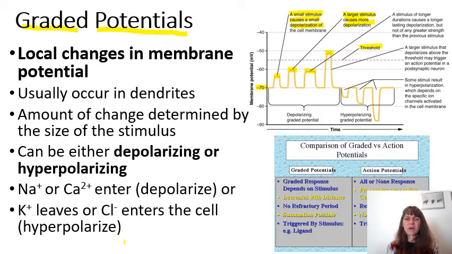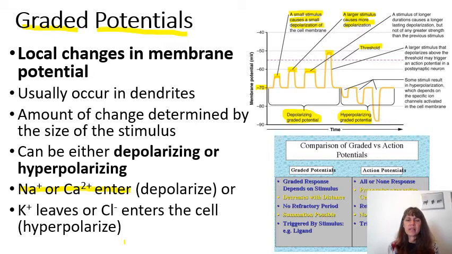One of the things you need to know about graded potentials is they can either be depolarizing or hyperpolarizing. If they're depolarizing, they're taking the membrane closer to threshold. If they're hyperpolarizing the membrane, they're taking it farther away from threshold, which makes it less likely for an action potential to occur.